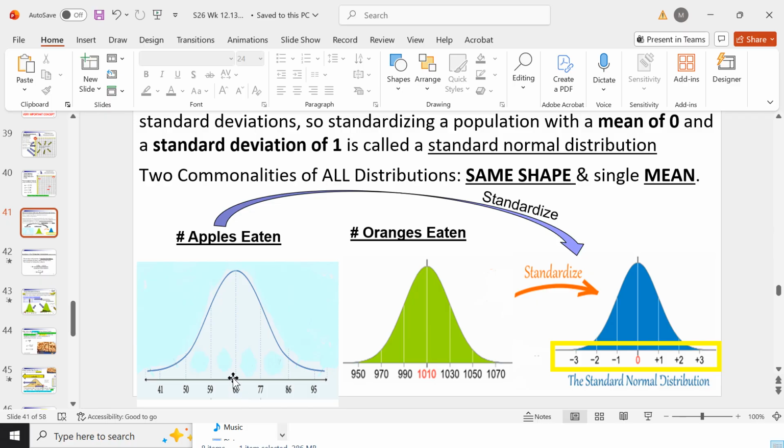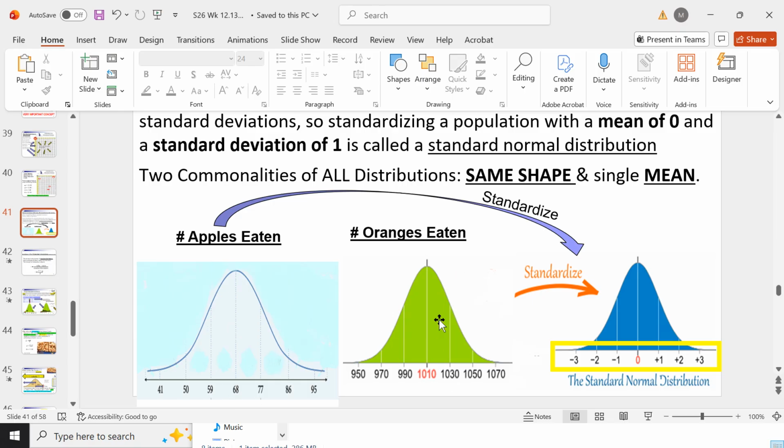So you've got this population with a mean of 68. And what's the standard deviation in this case? You can calculate it. The standard deviation is 9, and then another 9, 77 to 86, and then another 9. So the standard deviation is 9 and the mean is 68. Great study.